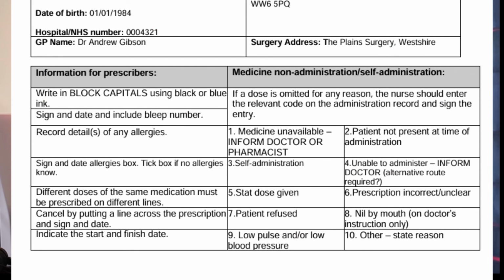These are PRNs, or as required medications. As and when the patient needs it, you give it, but we do not code PRN medications. That is what you should know. We only code regular medications that are due our time, but for certain reasons you cannot give it, and then you would have to code it.